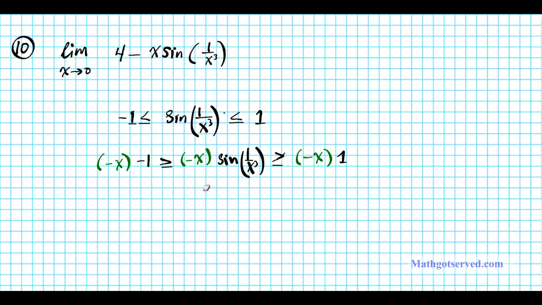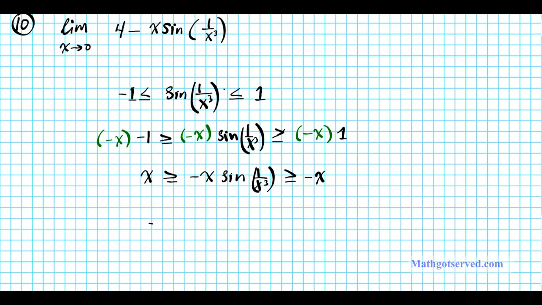If I simplify that, I'll have x is greater than or equal to negative x sine 1 over x to the third, and that's greater than or equal to negative x. So I can reverse the inequalities again. I have negative x is less than or equal to negative x sine 1 over x to the third, and that's less than or equal to x.